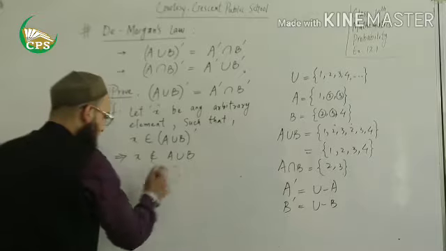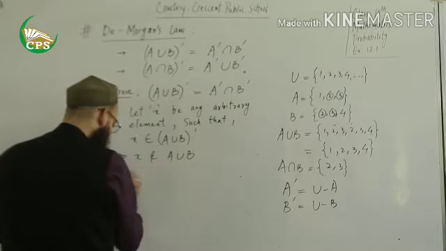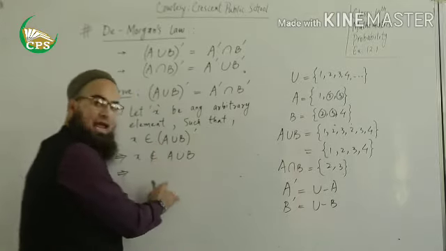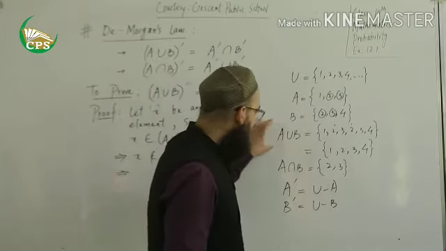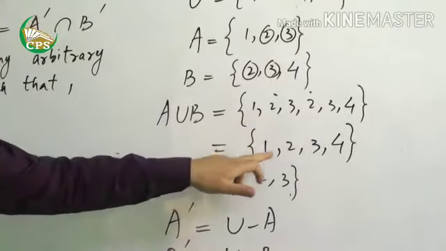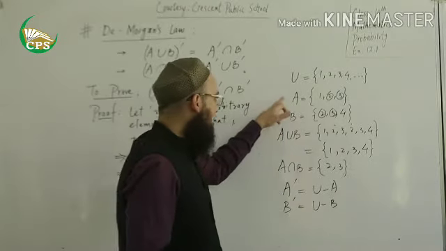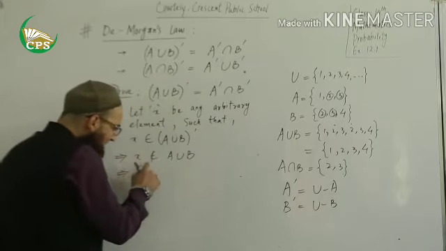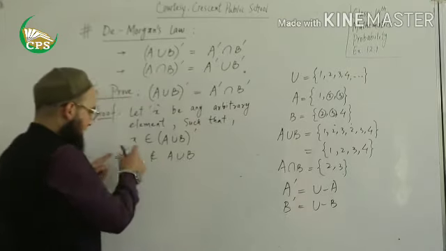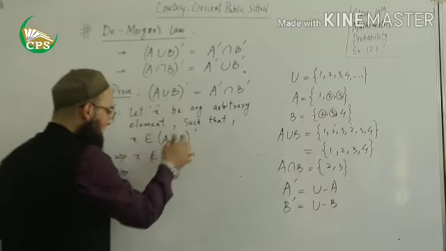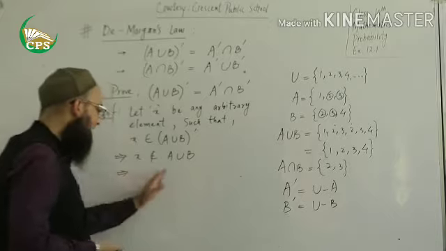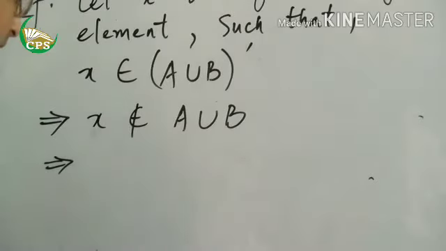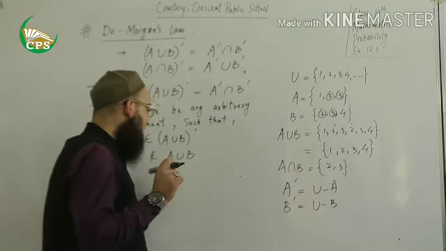So simple. Okay. Now it is not in A union B. When an element is not in A union B, that means it's neither in A nor in B, because we just learned that A union B is the elements either of A or B. Now, X does not belong to A union B. That means it will be neither in A nor in B, because had it been the case, it would have been in the union.